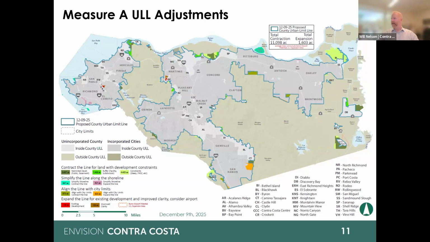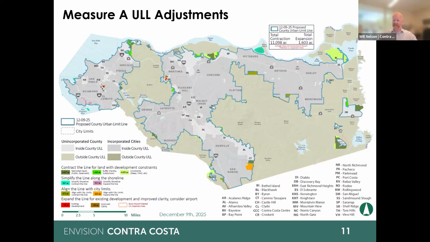And so, I'll point out some examples here on the map. You see up in the top right corner, Bethel Island. It's below sea level. Nearly the entire island is below sea level. And accordingly, we put nearly the entire island outside the urban limit line in the ballot measure. Also on the far right side, you see a dark green spot there.